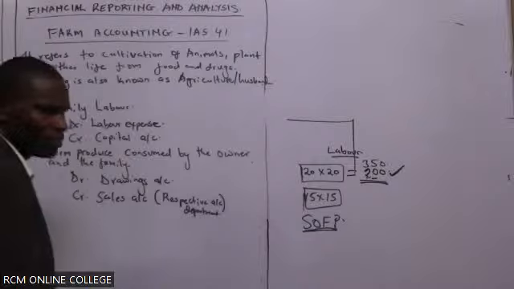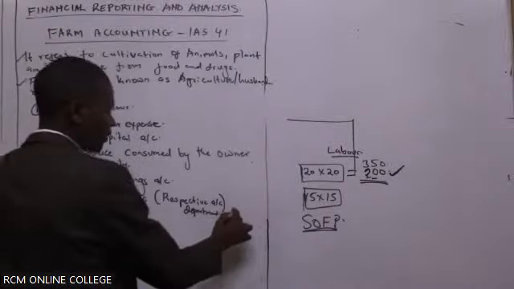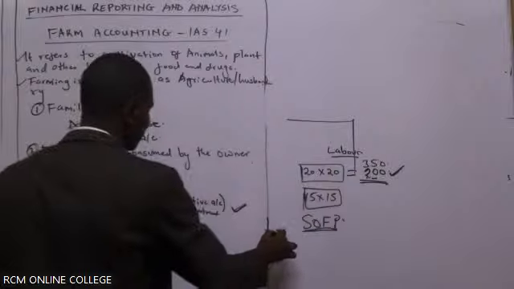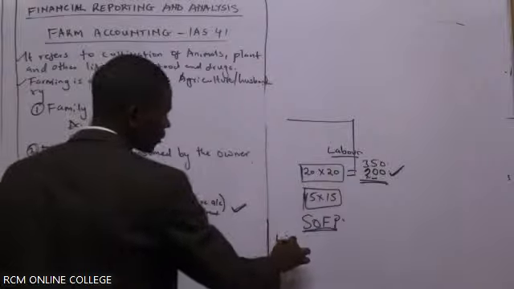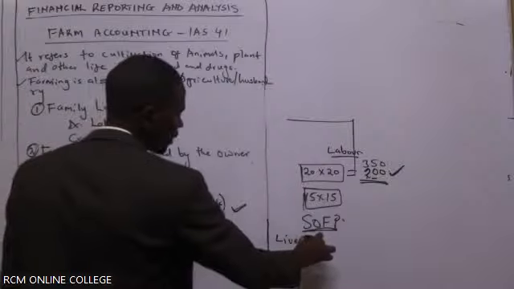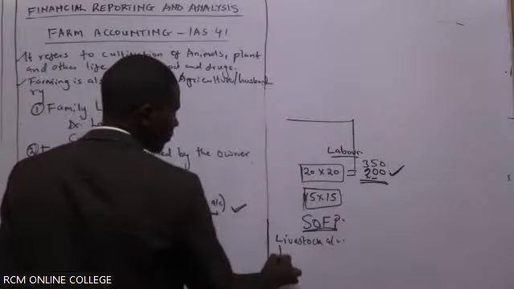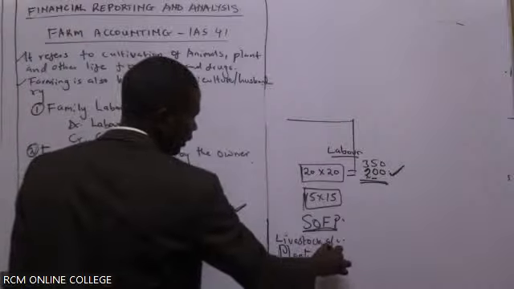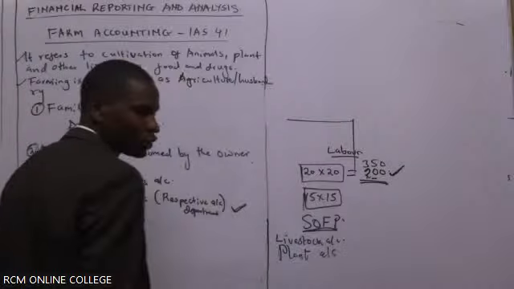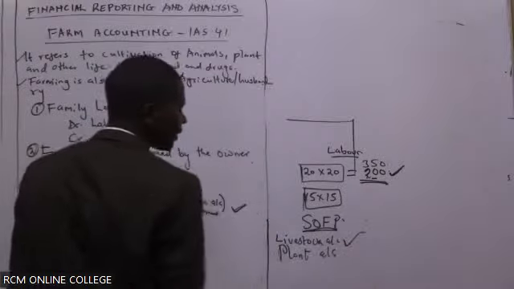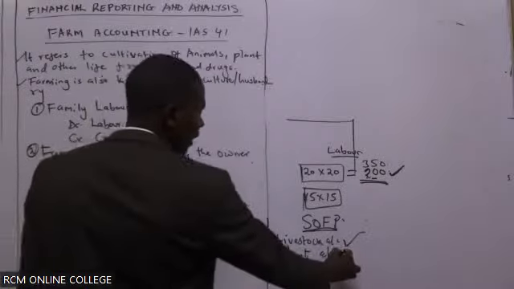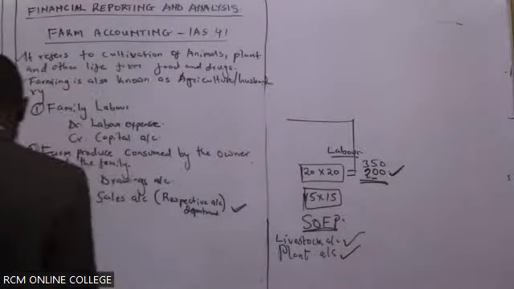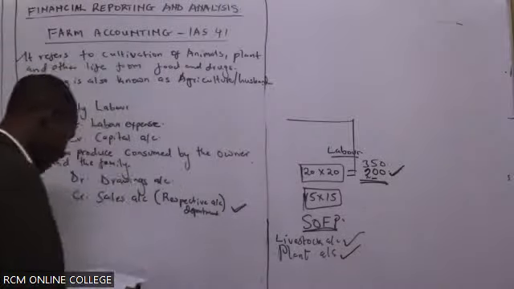If you're dealing with milk, we're going to credit livestock account, because we shall be having the livestock account and the plant account. Plant stands for the cash crops. So if you're dealing with milk, it falls under livestock account. If you're dealing with maize, it falls under plant account. We shall see. Then we move to the next item.